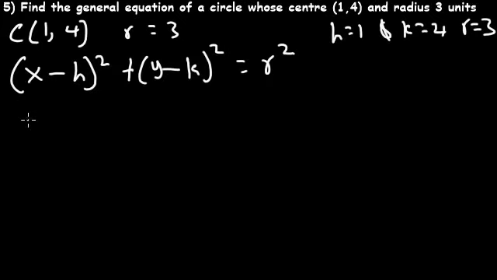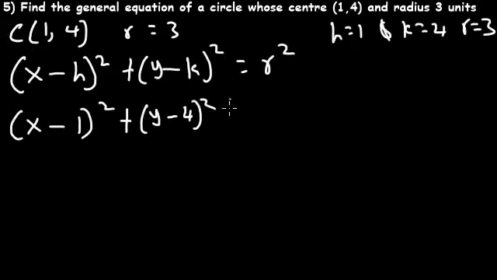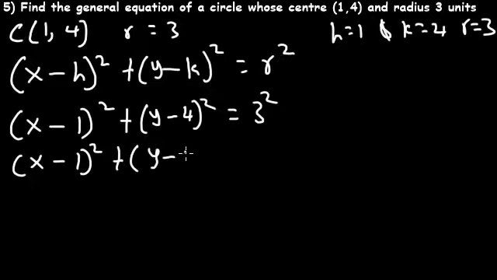So substituting respectively, we have x minus 1 all squared plus y minus 4 all squared equal to 3 squared. So we have x minus 1 all squared plus y minus 4 all squared equal to 9.